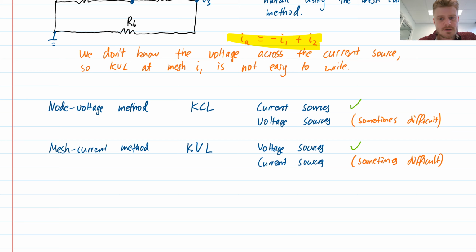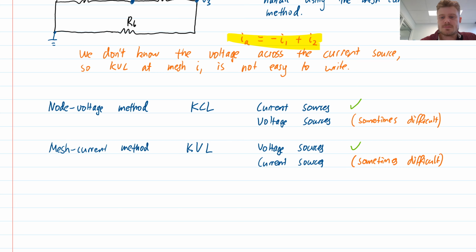This difficulty arises because the voltage on the current source is hard to calculate, and the current through a voltage source is hard to calculate. That's why in these two cases, the node voltage method and the mesh current method sometimes become more difficult to use, and therefore we need this strategy of a super node and a super mesh.